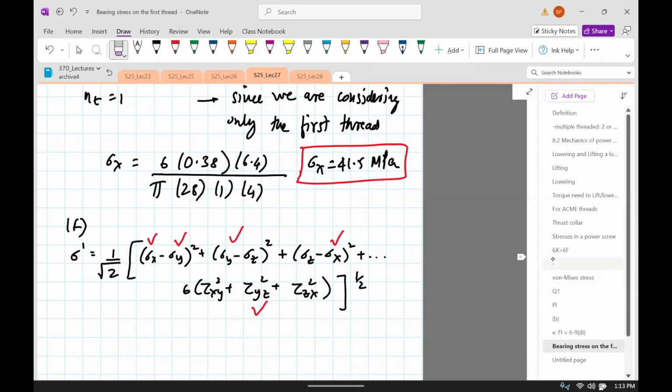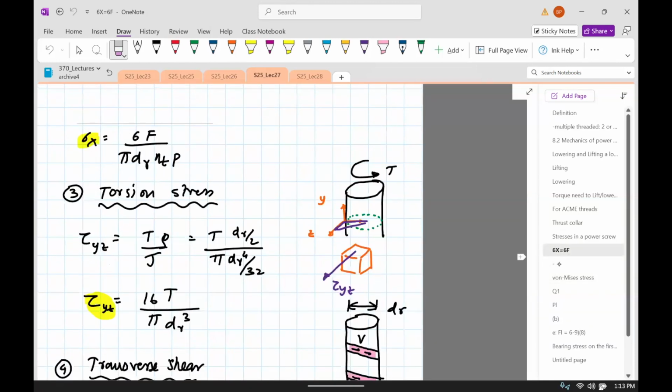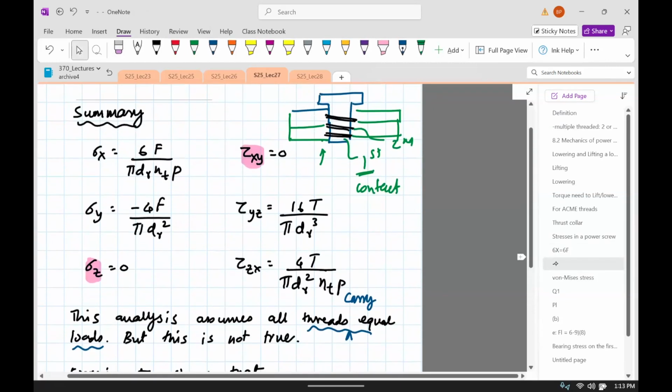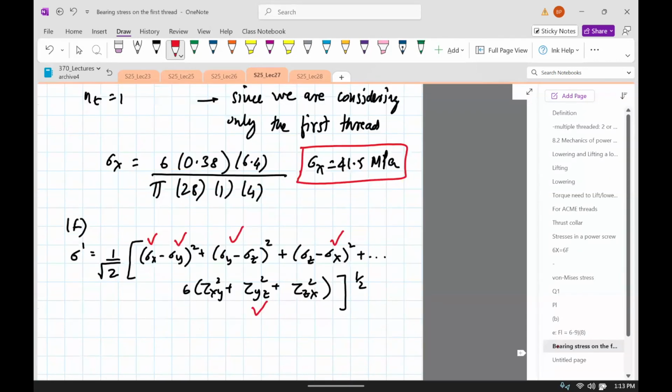If you go back over here, this is the summary. Tau xy and sigma z are 0, so let's put those equal to 0. So we still have to compute tau zx, and tau zx is actually given in that formula.